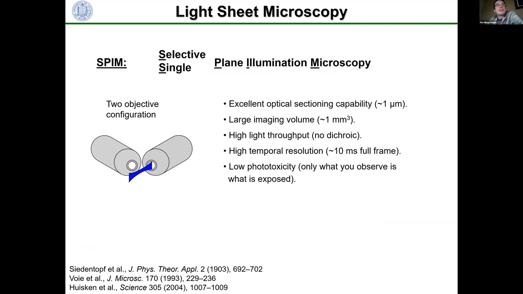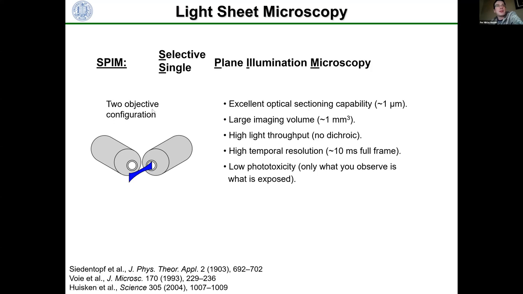So the light sheet microscope was trying to combine the best of both worlds, so to speak. Light sheet microscopy is often known as single or selective plane illumination microscopy, or SPIM. And here the idea is that you have two objectives.